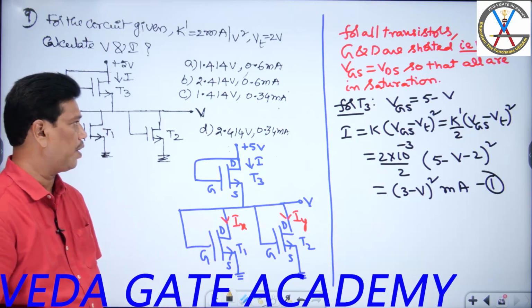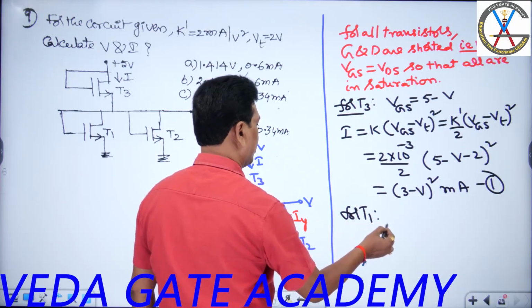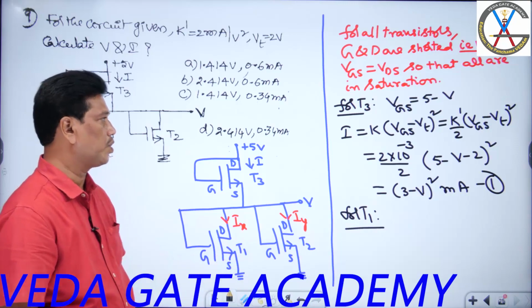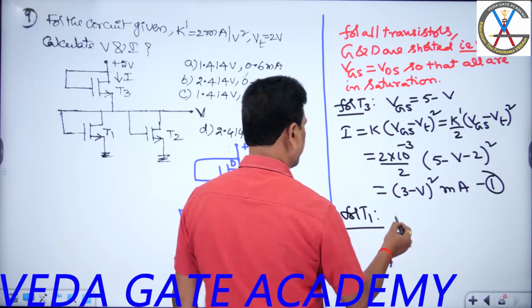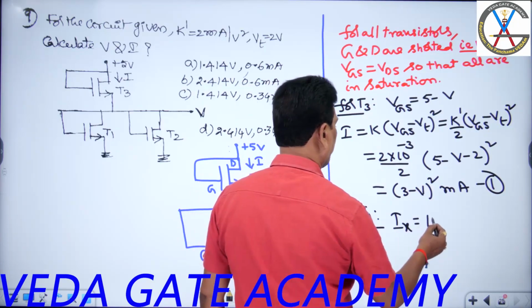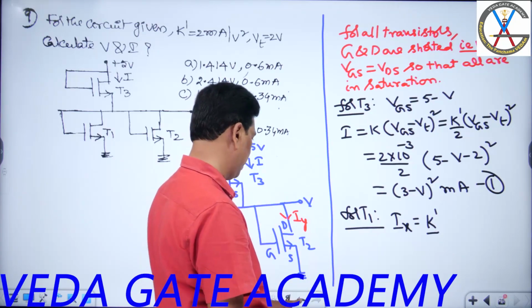Now can I go for T1 now? For T1, I assume that the current is Ix there. Again, use the same condition, sir. Ix equal to same formula I can use, K dash by 2. So first I can indicate what is that VGS for that.